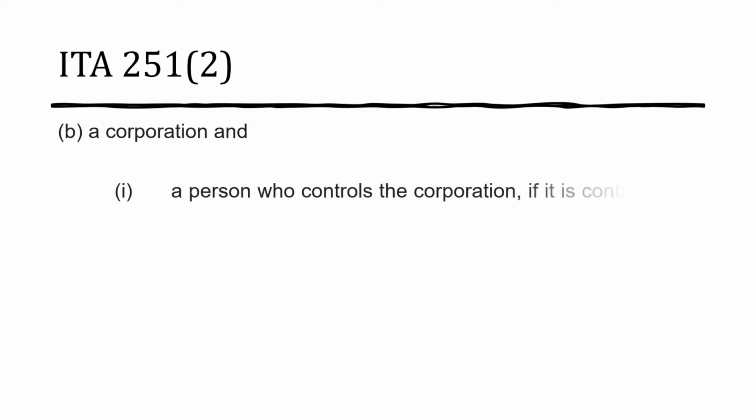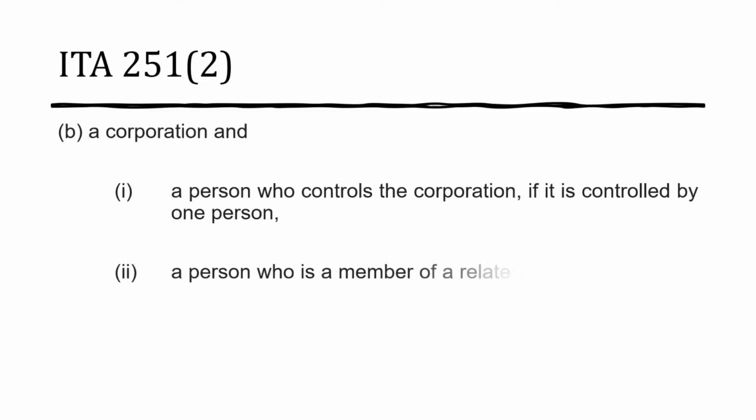Paragraph B is saying a corporation and... So a corporation is related to subparagraph 1, a person who controls the corporation if it is controlled by one person. Hopefully that makes sense. That's talking about a single shareholder corporation. And of course, a single shareholder, they own 100% of the shares, they would be related to their company.